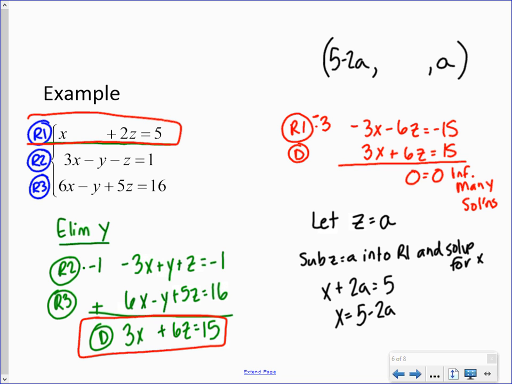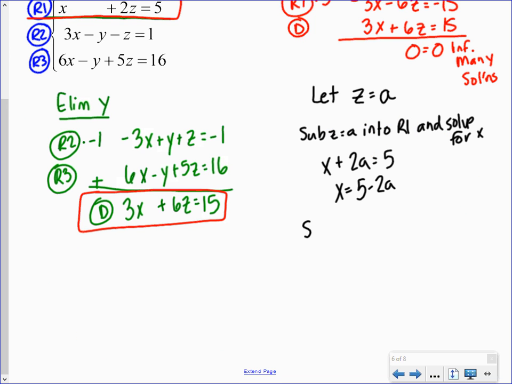So I'm going to plug z equals a and x equals 5 minus 2a into R1 or R2. Does it matter which one you choose? No. So I'm going to do, I think, R2. So z equals a and x equals 5 minus 2a into R2 and solve for y.